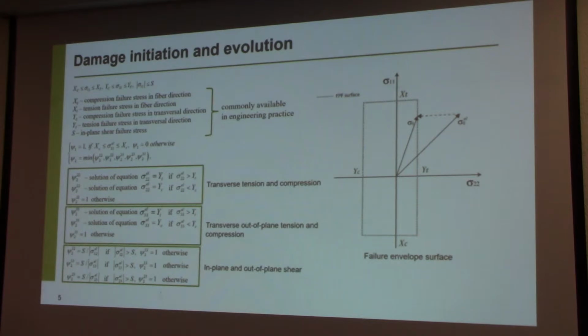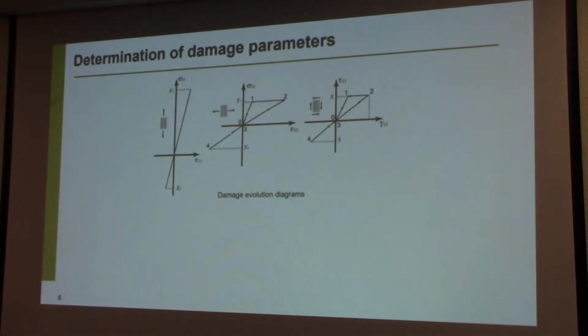This idea is suitable for a minimum of strength parameters of the material, which is commonly available, which can be provided by suppliers of the material, and it looks quite simple. But if we have some additional data, it can be applied to achieve more accurate results. This is a damage evolution diagram in fiber direction.